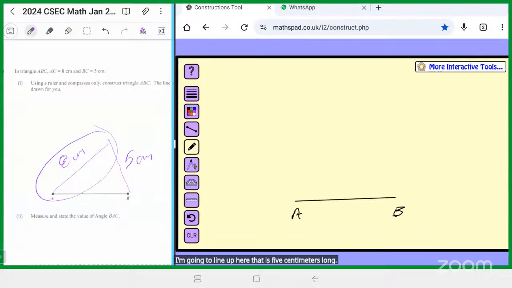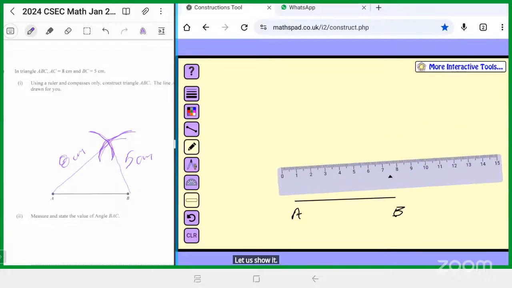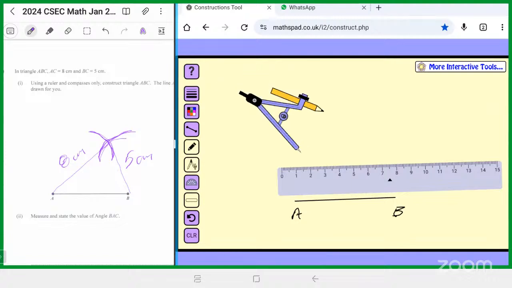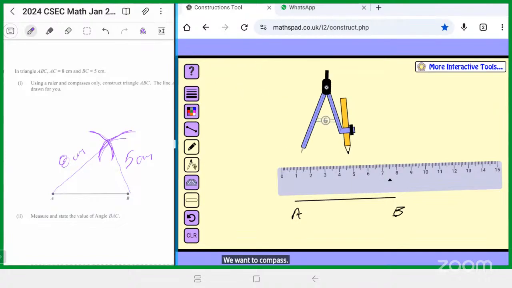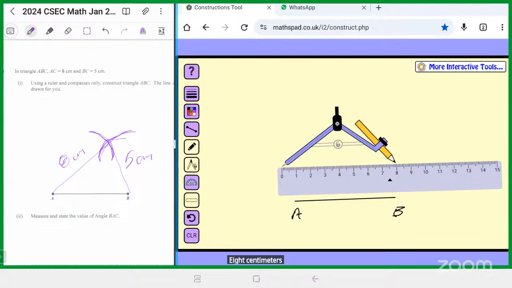To get this 8 centimeter line, because we don't know exactly where it is, we need an arc that is 8 centimeters from here, and then an arc that is 5 centimeters from here. So we need an 8 centimeter arc and a 5 centimeter arc. You want the ruler and the compass, and we're going to open it up to 8 centimeters.